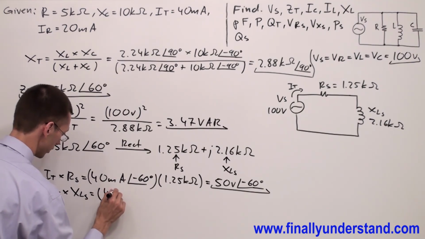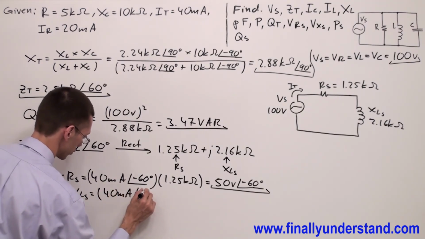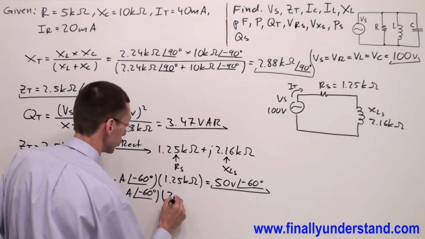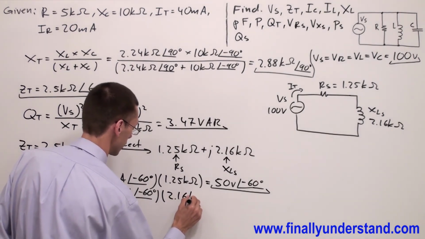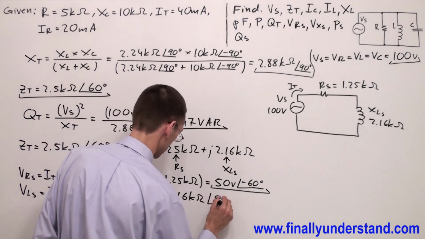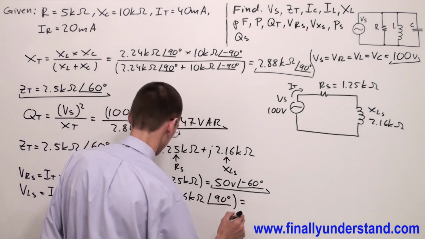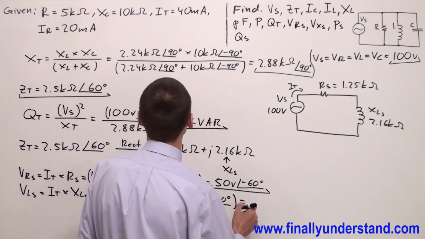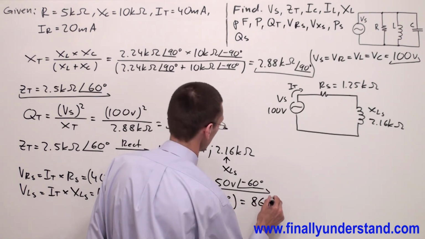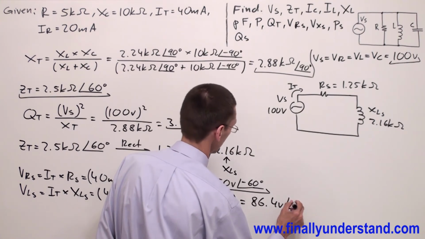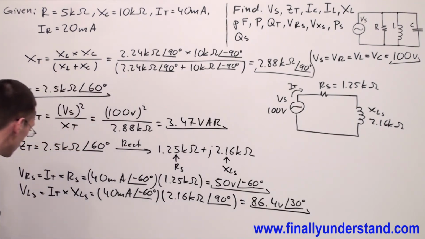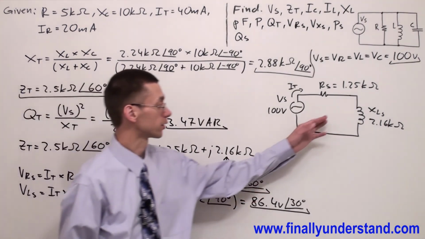And this is equal to 40 milliamps and angle of negative 60 degrees times X of LS, 2.16 kiloohms, but instead of J I'm going to write the angle 90 degrees, and this is equal. VLS is equal to 86.4 volts and angle of 30 degrees. Okay, so this is the voltage across the inductor.